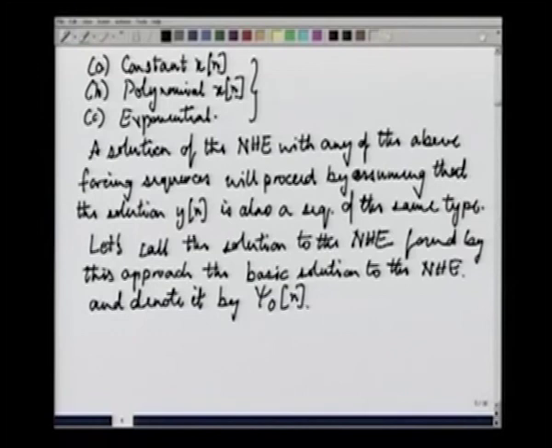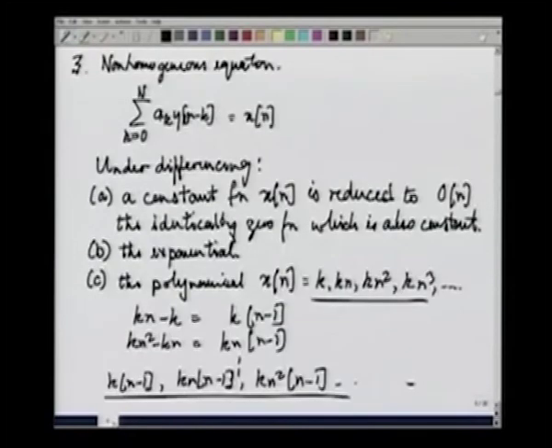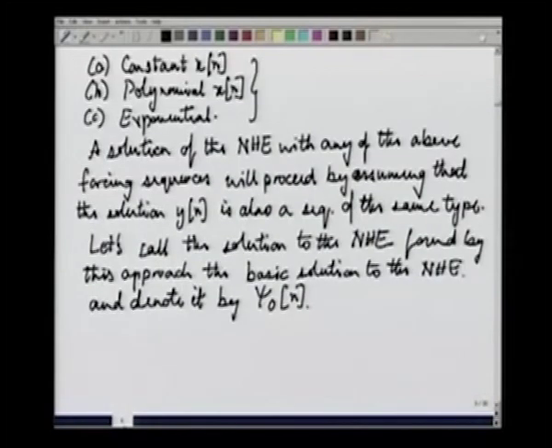Right. Now, let us just go and check what point we are at. This was point 3, solving this non-homogeneous equation was point 3, and this is the end of point 3.